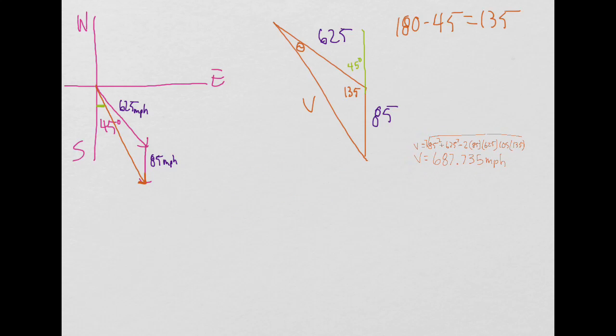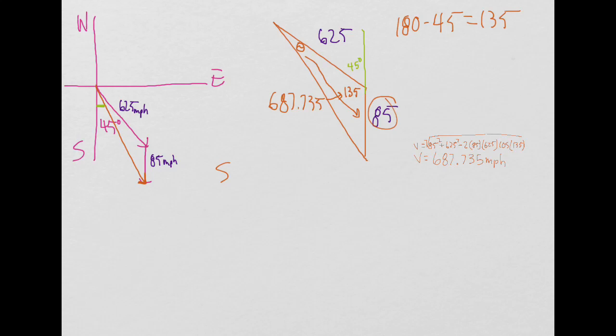But think about this. I'm going to label that V side with that value I found, 687.735. Now, since I know that side and the angle opposite from it, and I know this side 85, and I want to find the angle opposite of that, I can use the law of sines.